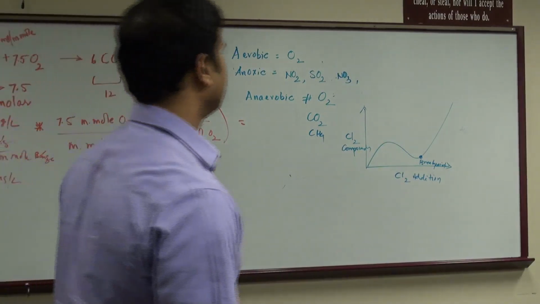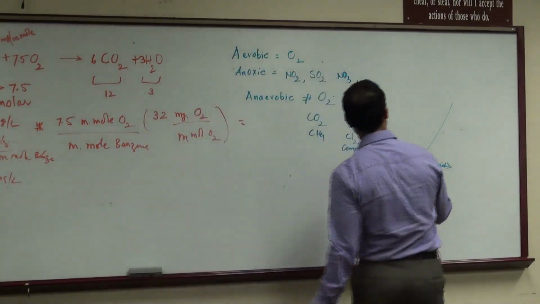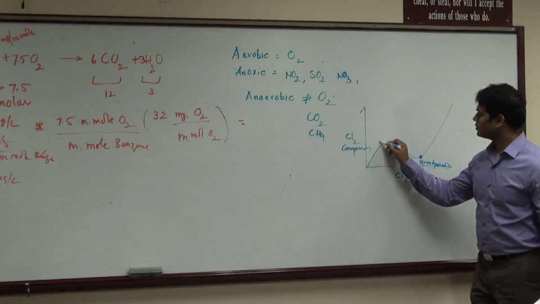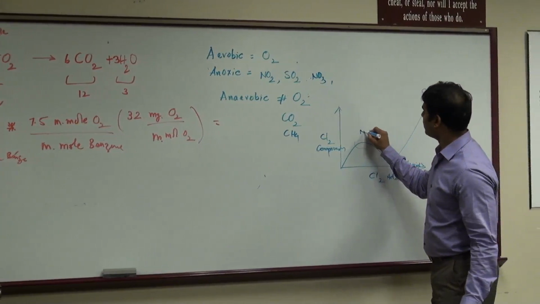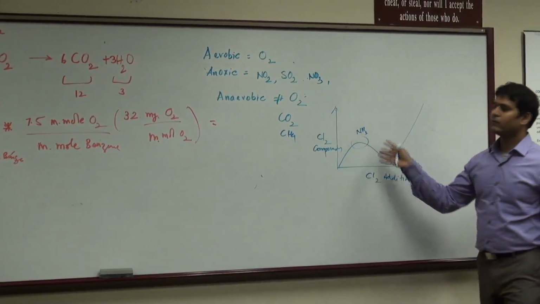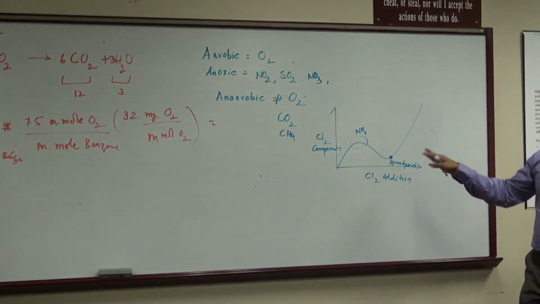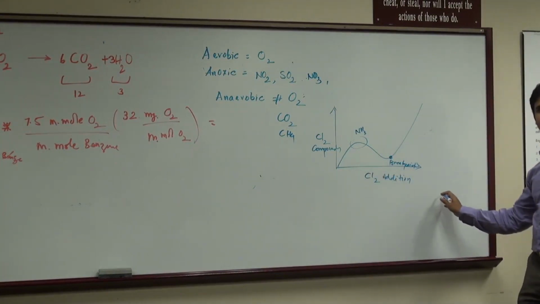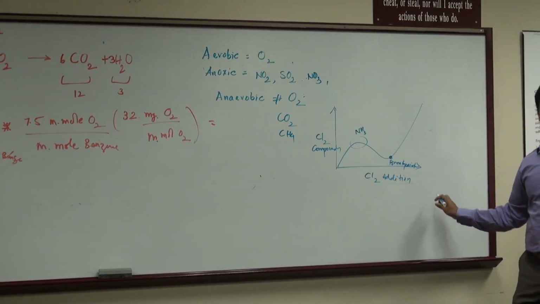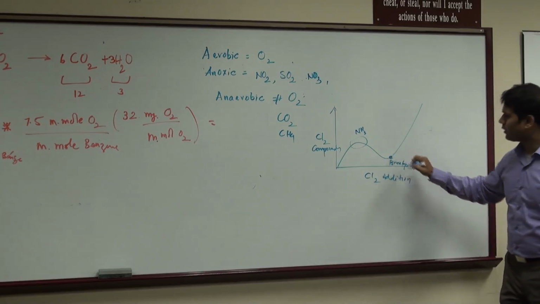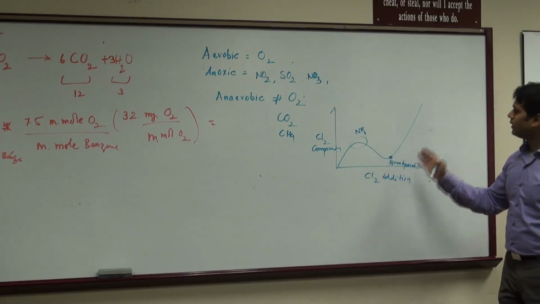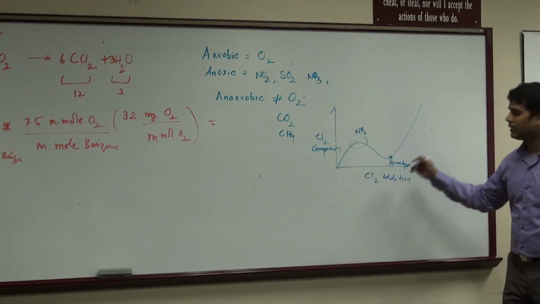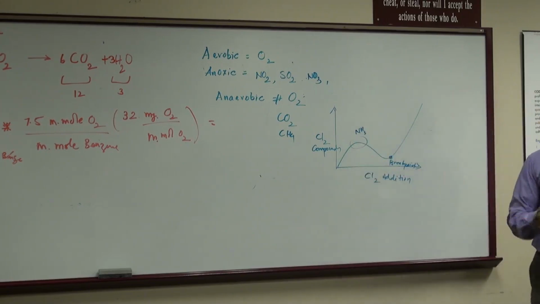When that kills bacteria, some of the chlorine is taken up by ammonia, and they form different compounds. When you keep adding chlorine, at some point all of the chlorine is freed from all of these reactions, and then it starts to go up. I think I gave you the answer. That's free chlorine. All right?